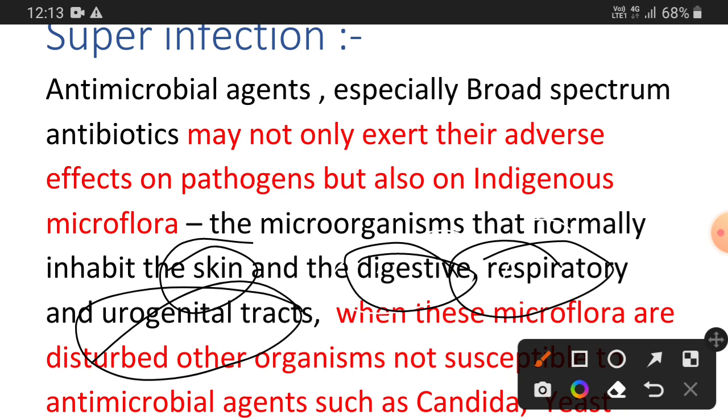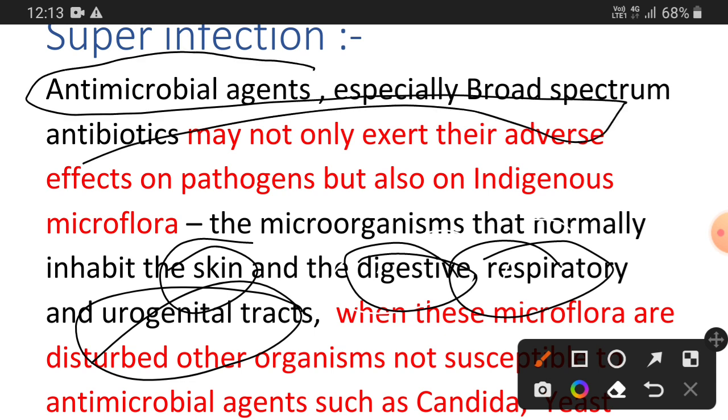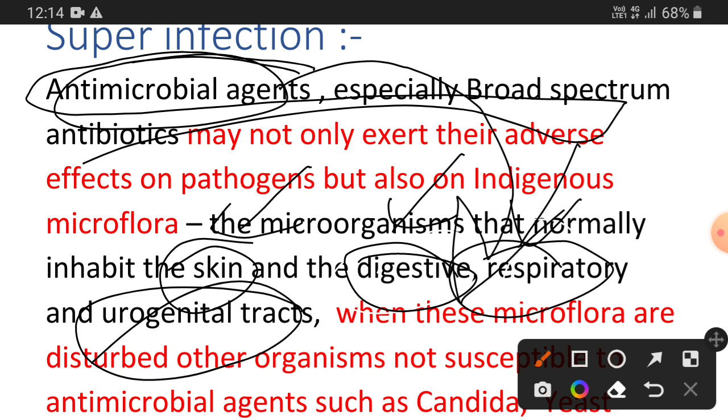Under such circumstances, if you use an antimicrobial agent which is a broad spectrum antibiotic, those normal microflora will be disturbed. Remember carefully that in the skin, digestive and respiratory tract they remain together, they colonize together. As you have used an antimicrobial agent of broad spectrum coverage, you are simply disturbing them, and as a result there will be gaps in the area.